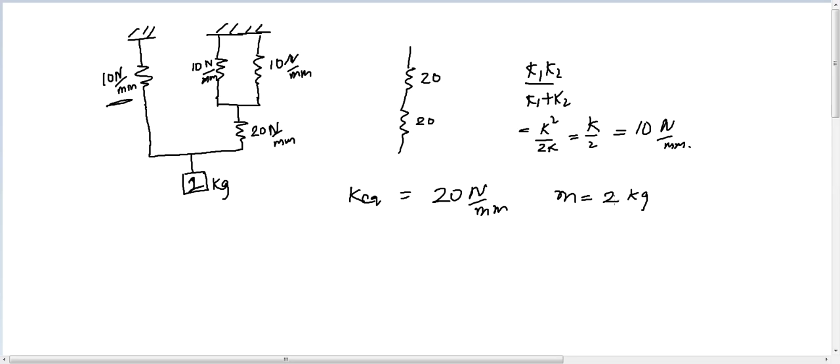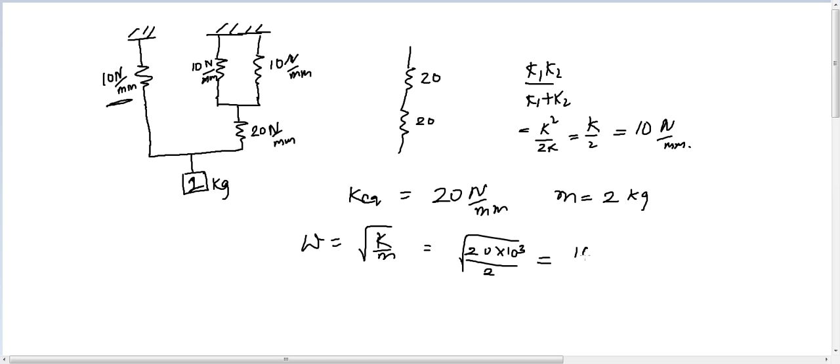So what is the natural frequency? Natural frequency omega is equal to square root of k by m. Here, to use this formula, the stiffness of the spring must be converted to newton per meter. So this will become square root of 20 into 10 cube by 2.